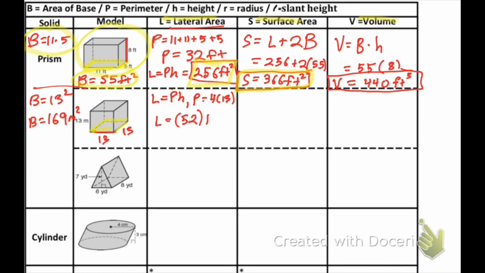Now the height is also 13, so the lateral area is equal to 676 feet squared. Sorry, meters. Meters.